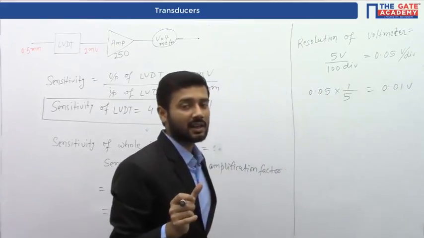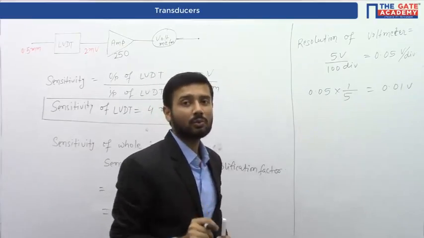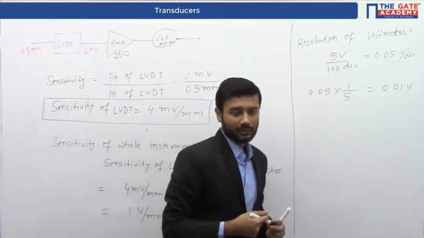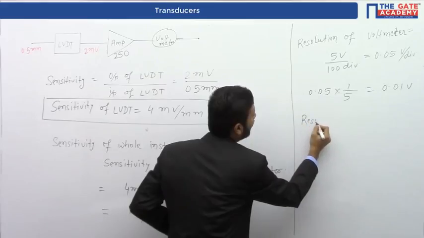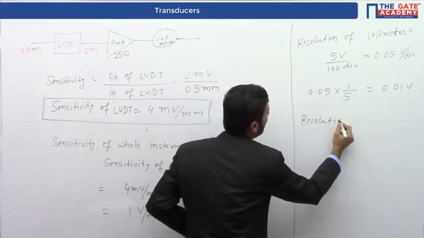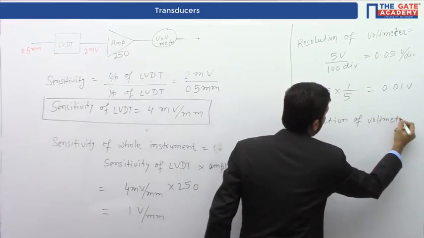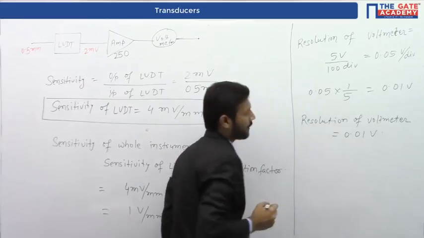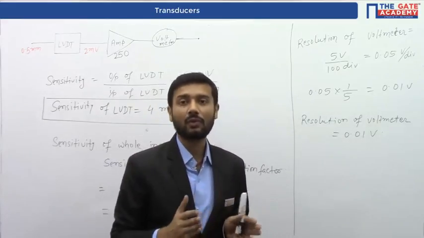So the resolution of our voltmeter is 0.01 volt as per our given data. Now we have to find the resolution of the whole instrument.